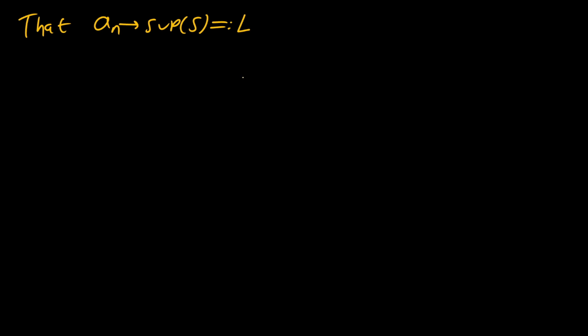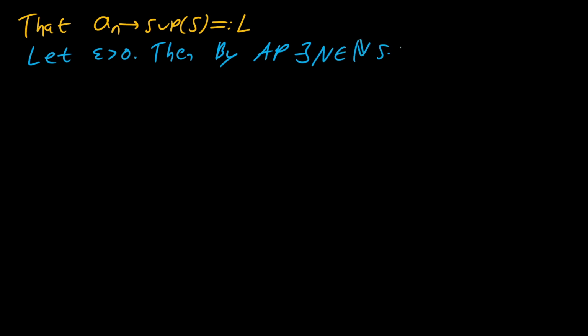Okay, if you didn't like that for some reason, I've got a different proof. I'm going to call L sup S. We're going to use epsilon language. So we're going to let epsilon be greater than 0. Then by the Archimedean property, there exists some n such that 1 over n is less than epsilon.